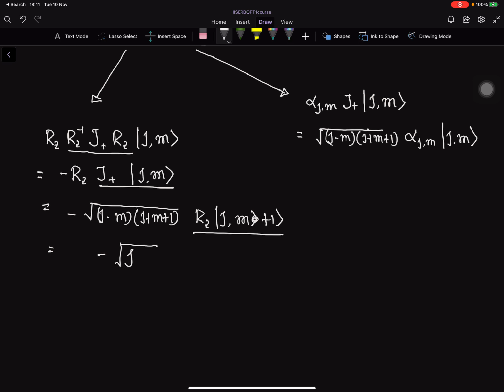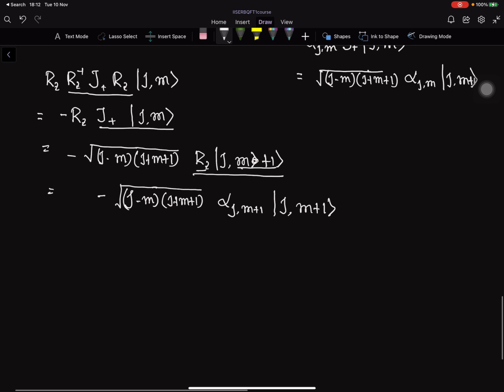So this factor remains the same, alpha_j,m+1, because Rz acting on that gives the phase for |j, m plus 1⟩. Comparing the left hand side and right hand side, we get that alpha_jm is simply the same as minus alpha_j,m+1.